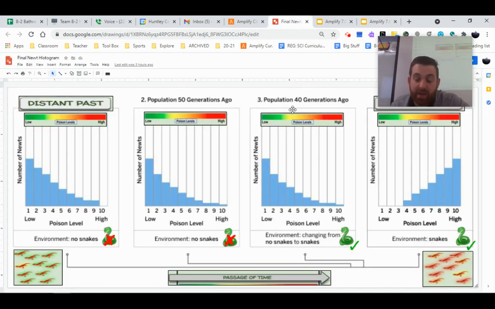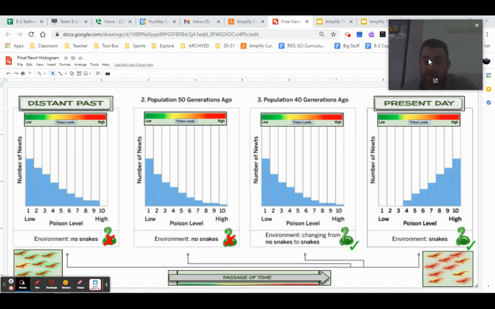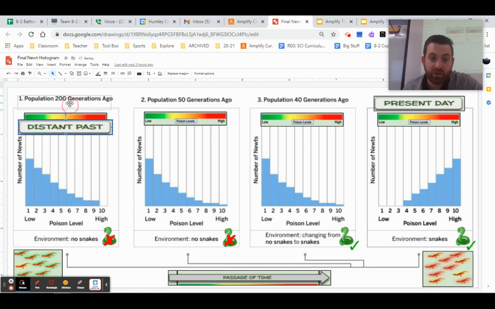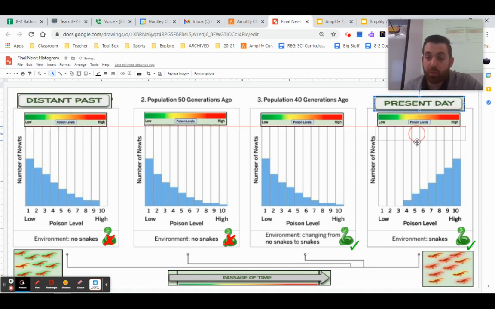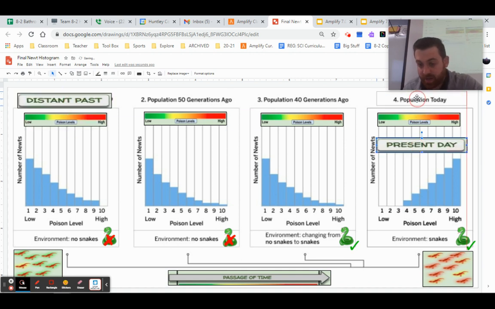The histogram should look familiar. This was what we introduced in our very last lesson that has 4 sets of histograms that explain what's going on with our newts in the distant past. If you remember, that was about 200 generations ago, all the way to present day, today's population.